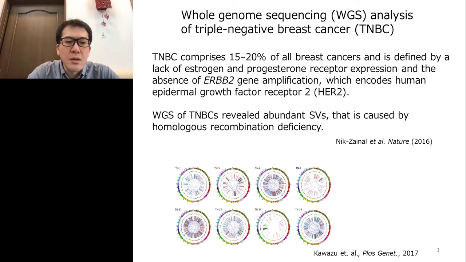Whole genome sequencing of TNBC revealed abundant SVs that are caused by homologous recombination deficiency. Previously, we have reported the results of integrative genomic analysis of TNBCs in which whole genome sequencing and short read transcriptome sequencing were performed.